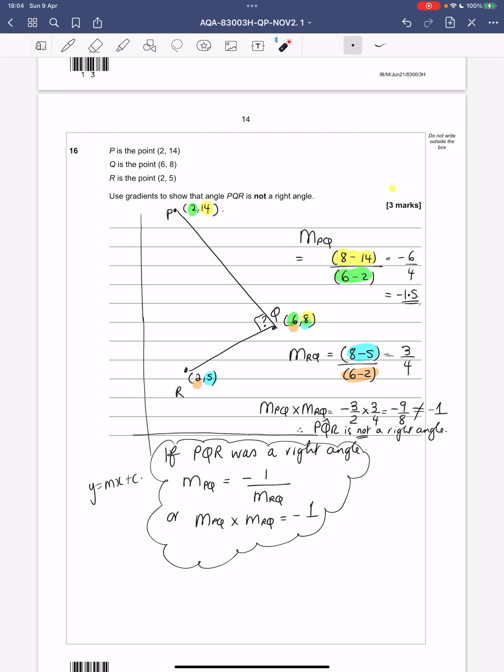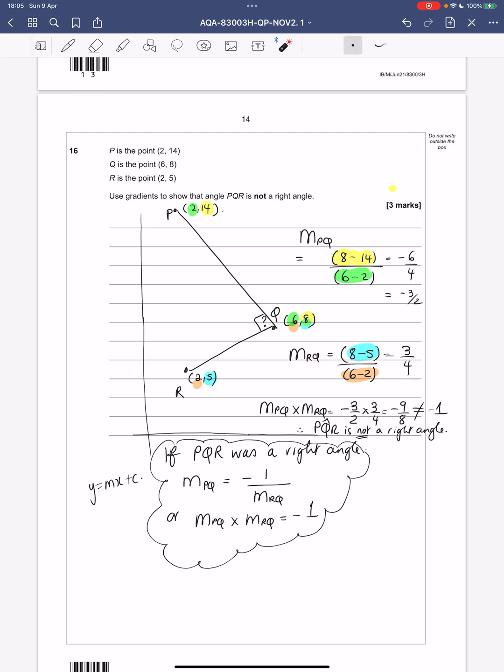Well, MPQ we do the change in y divided by the change in x. So I've colour-coded where these come from. So it's 8 minus 14 on the top, 6 minus 2, which is 4 on the bottom. So we've got minus 6 over 4, which is minus 1.5, or minus 3 over 2.